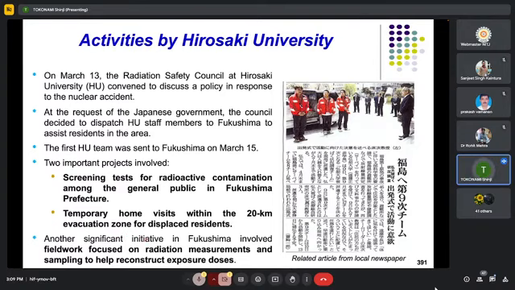Another significant initiative in Fukushima involved fieldwork focused on radiation measurements and sampling to help reconstruct exposure doses. Here is a related article from the local newspaper. This is me. I was saying something in front of our president.